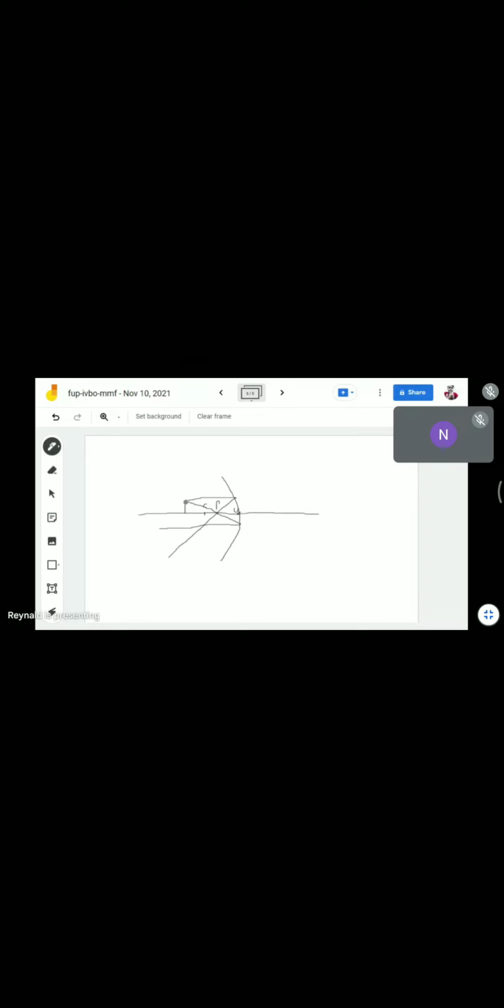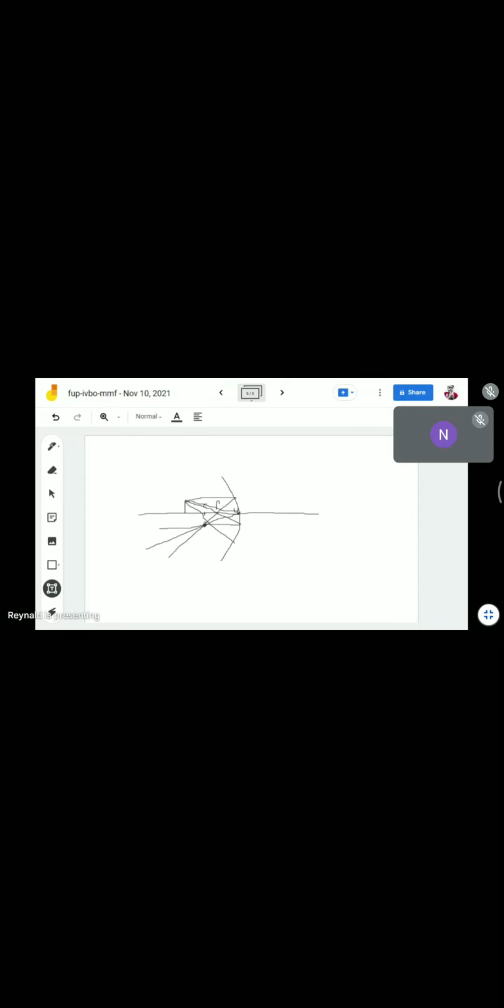And the next one is the center of curvature ray, a ray of light passing through the center of curvature and reflected in its own path. And then, of course, the V-ray. So this is the intersection.